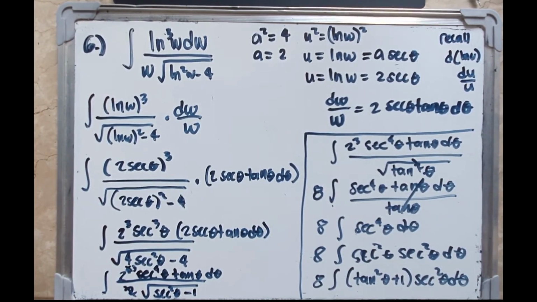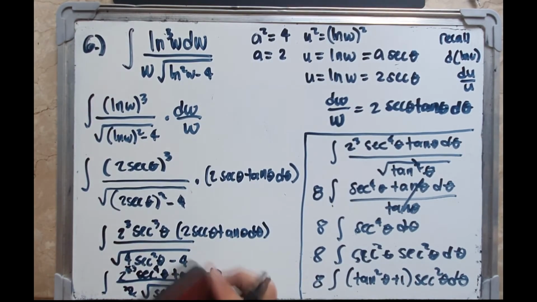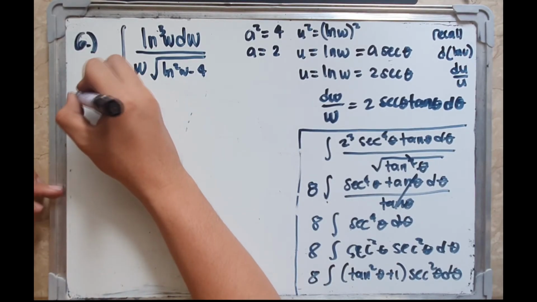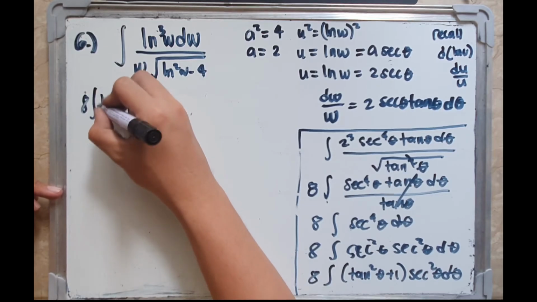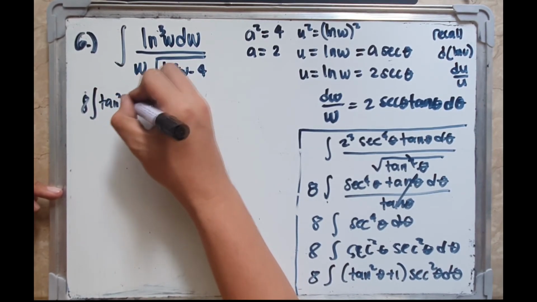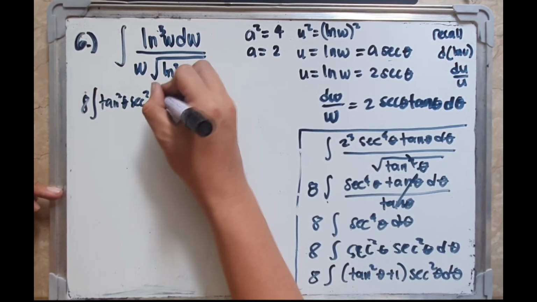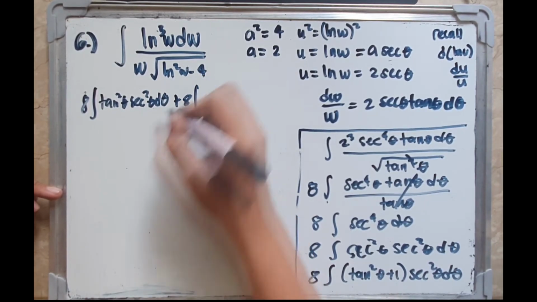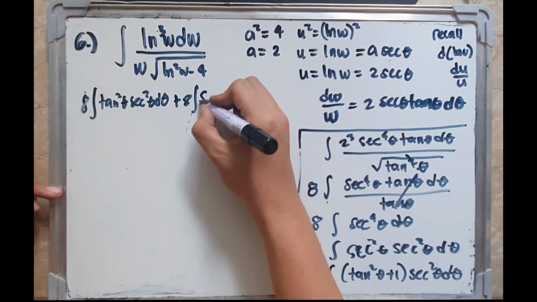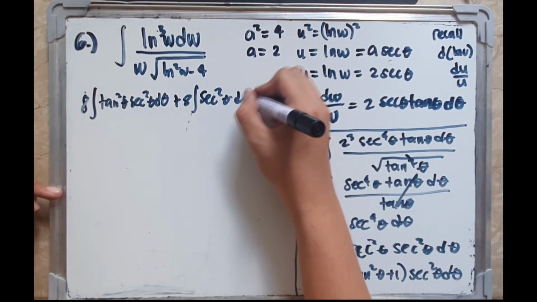Okay, now let's distribute. So we now have 8 integral of tangent squared theta secant squared theta d theta plus 8 integral of secant squared theta d theta.